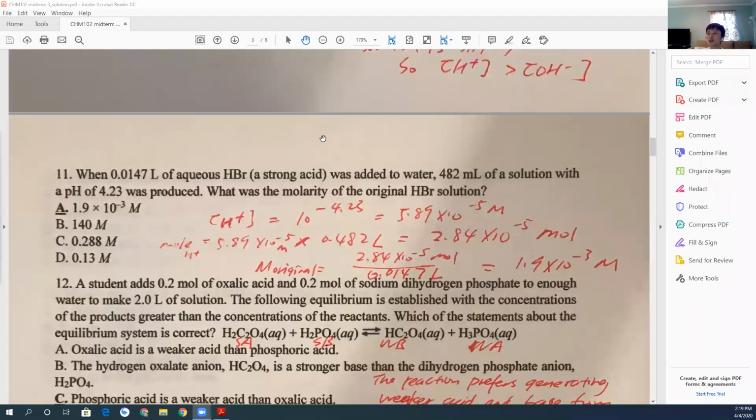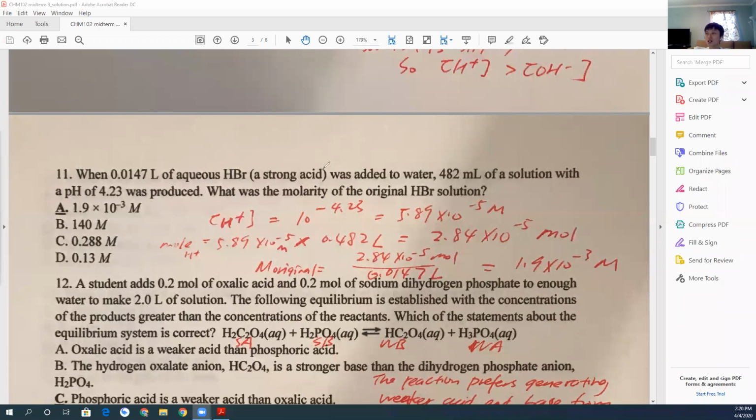So number 11, we have hydrobromic acid, which is a strong acid. We add this acid into water, generating a solution with this pH. We are asked for the original molarity, the molar concentration, of this HBr solution.